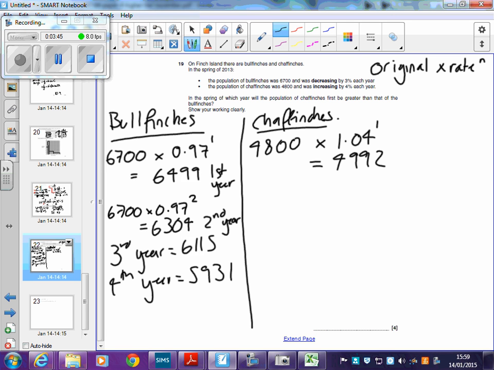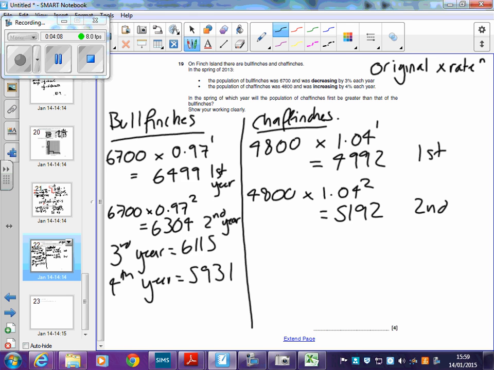Alright, so then start putting in the powers. 4,800 times 1.04 squared. So this is after the second year, and we get an answer of 5192. So that was the first year, this is the second year. That's not bigger than the second year of bullfinches because they were 6304.